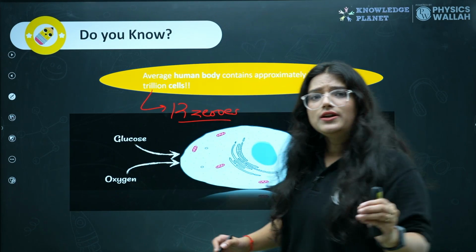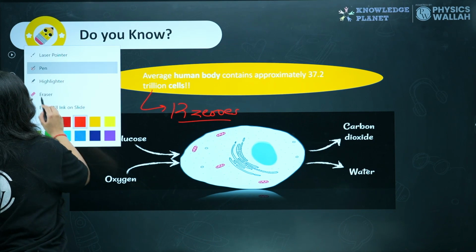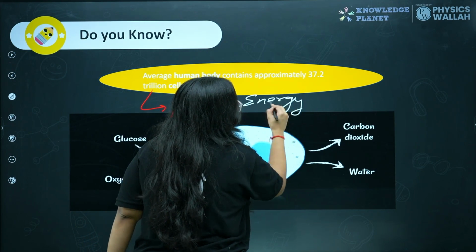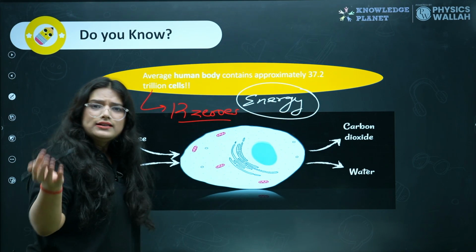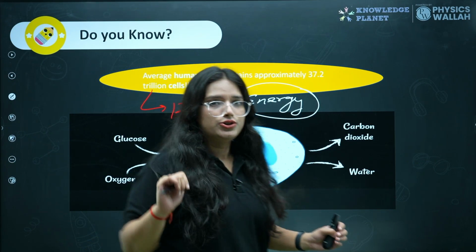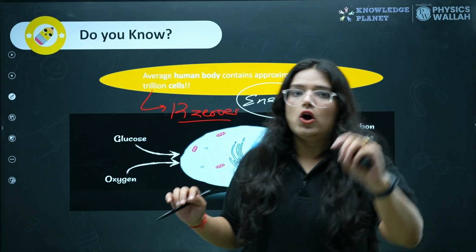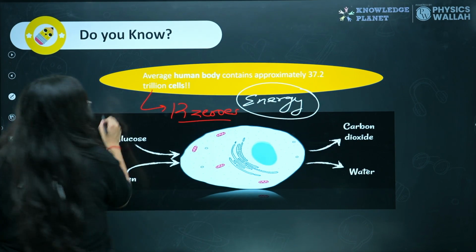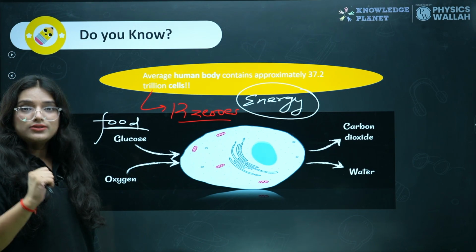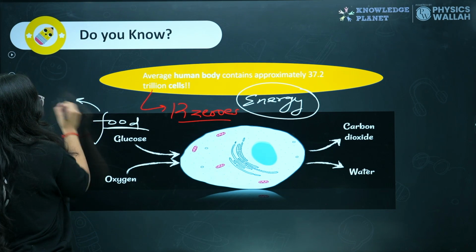Now, each and every cell has to live, all right? And to maintain their sustenance, of course, they require energy. But the question still remains, where do they get this energy from? So, let us see how we get our energy. Everybody suggests to have our food daily, right? So one component would be our food. But is food alone enough to get this energy? Of course not, because from this food, we need essential nutrients.